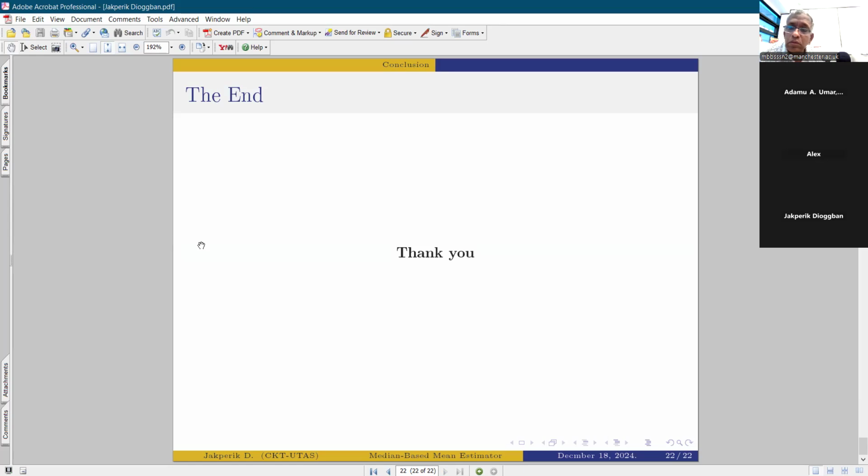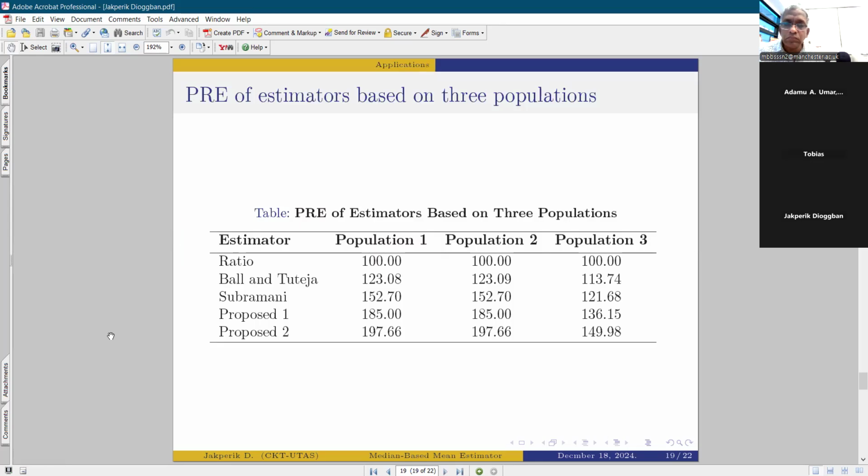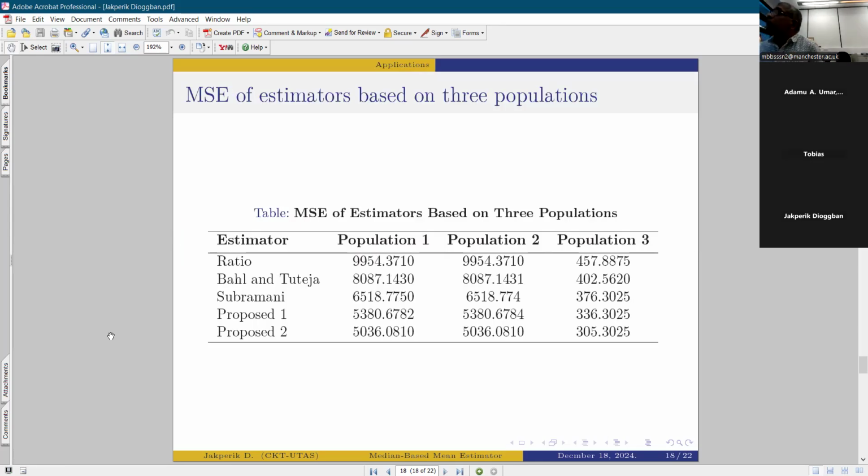Very interesting talk. Just curious about the proposed estimators 1 and 2, and on populations 2 and 3, the way they went to negative values.